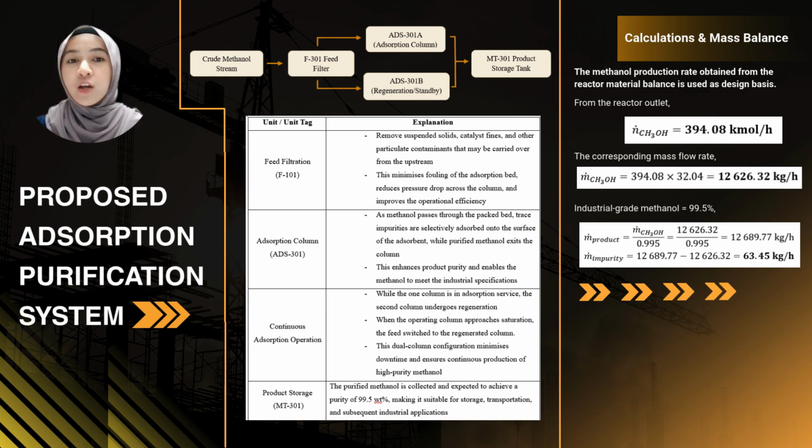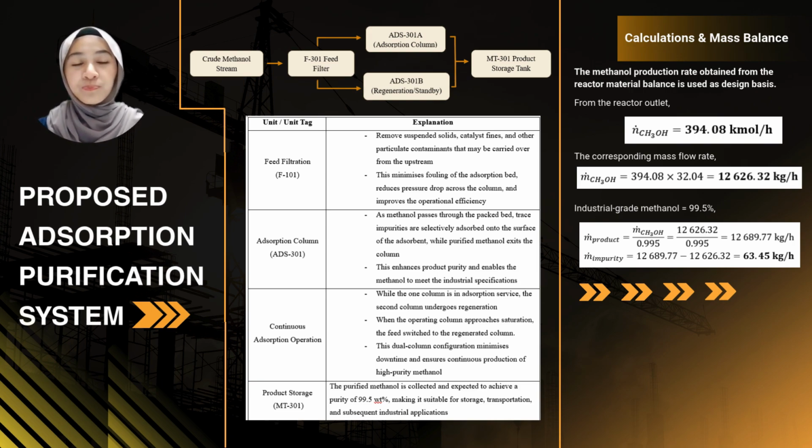In this unit, water and trace impurities are selectively adsorbed onto the adsorbent surface, while methanol passes through the bed with minimal loss. This purification step is important because even a small amount of water can reduce methanol quality and affect downstream applications. To allow continuous production, two adsorption columns are used.